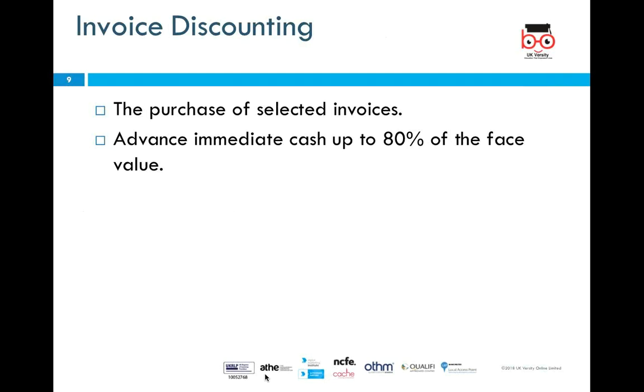There are other sources of finance. Invoice discounting is the purchase of selected invoices, with a discount and an advance of immediate cash up to 80% of the face value. Sometimes a trade company can discount their product in the open market. That's another kind of product discounting.